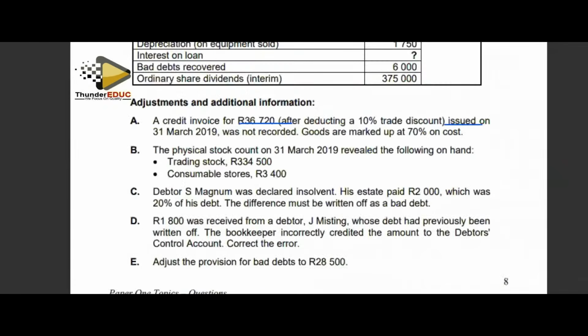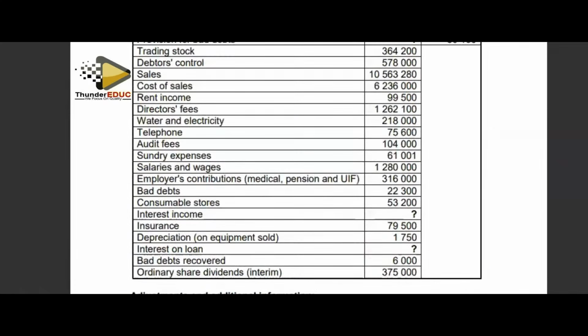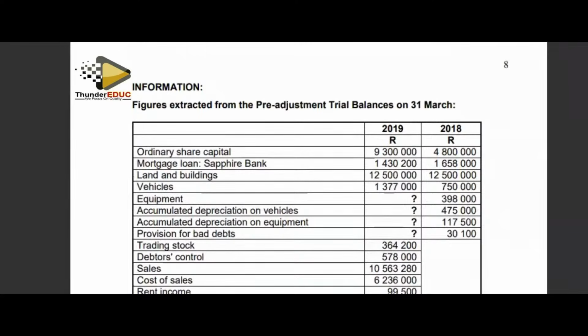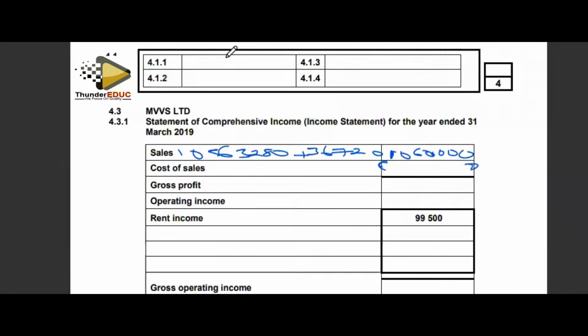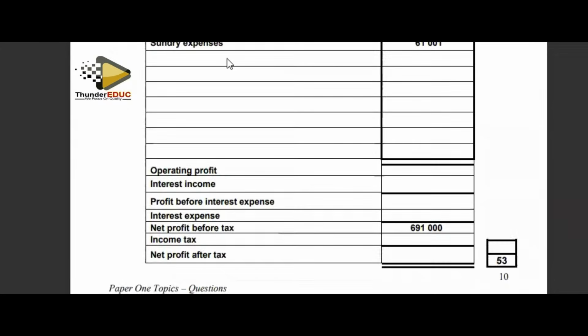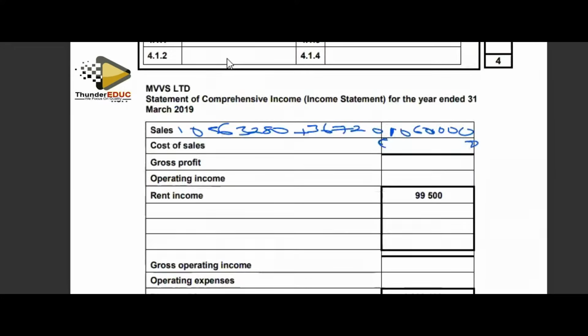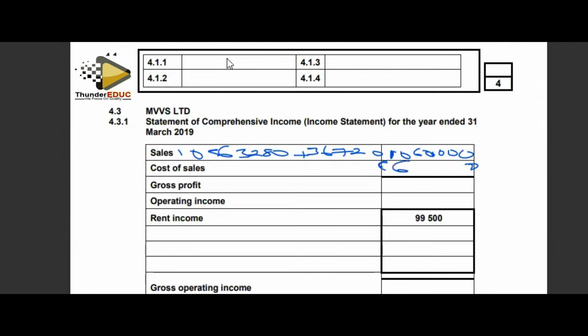So our cost of sales is going to be 6 million. So 6 million, that is our cost of sales. So if there is nothing affecting our figures, so we just come and say 6 million is our cost of sales.